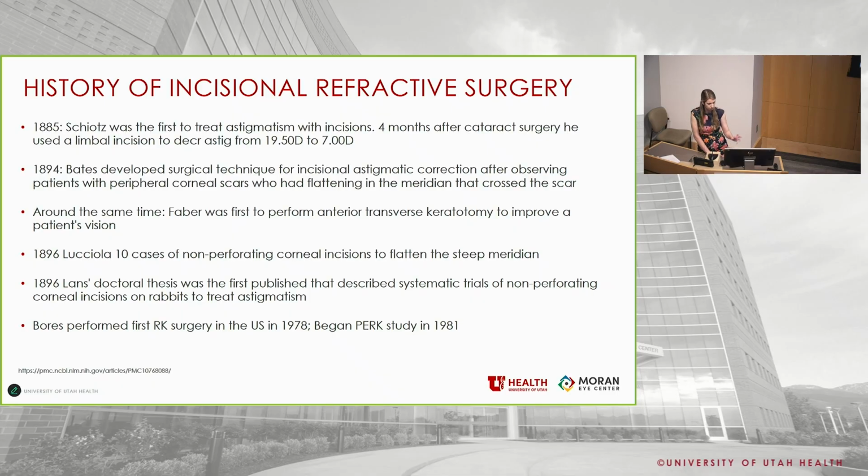The other two were more for astigmatism; this one was more for visual acuity. Around the same time, Lucciola from Italy had 10 cases of non-perforating corneal incisions to flatten the steep meridian. And Lanz is really the one who had the first doctoral thesis, at least that I could find, describing systematic trials of non-perforating corneal incisions on rabbits to treat astigmatism.